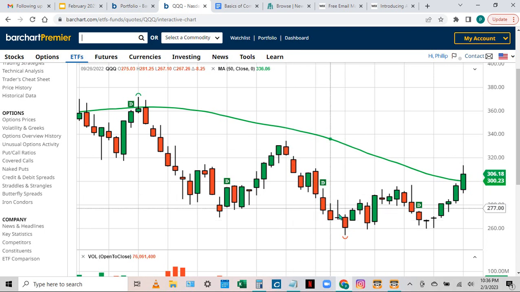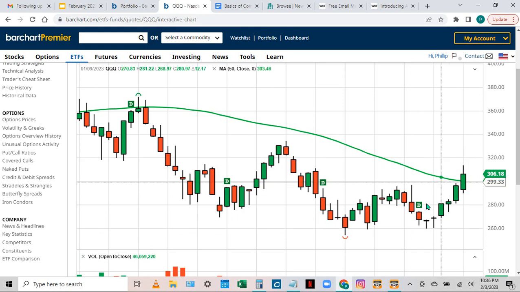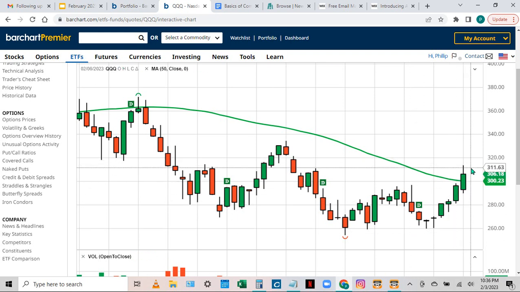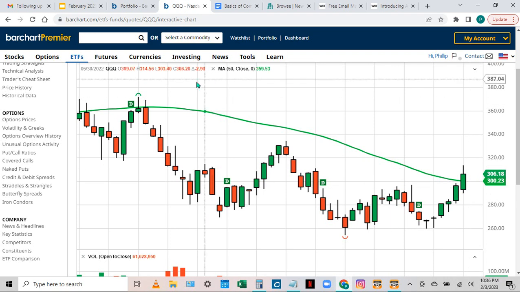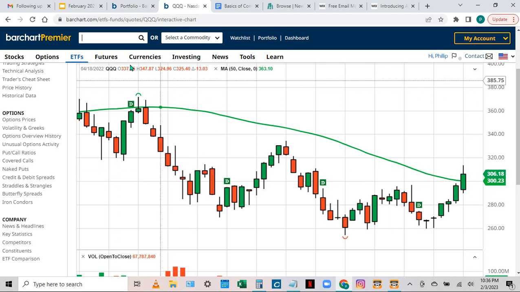Again, this is a pretty big sell-off here. So we're coming into an area where sellers had been before, and now we've had the strong buying. Well, sometimes you get strong buying followed by some strong selling, or at least some selling. So that's what I'm expecting here in February, especially with earnings being kind of weak.